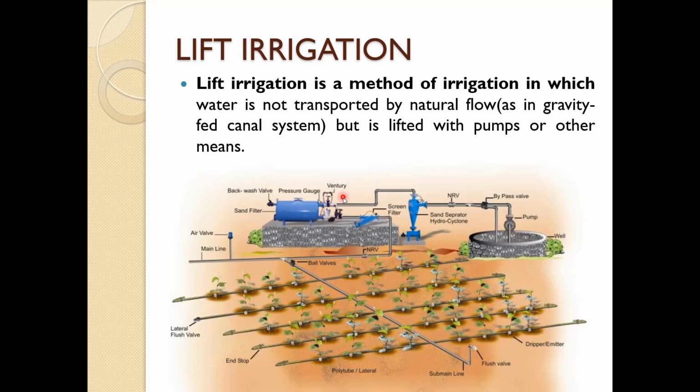All these other things are about dealing with the drip irrigation. The main thing is here, that is why we are lifting the water by the pump. So this is the lift irrigation for a small particular farm. It has been implemented on the larger scale also, that we are going to see in this lecture.